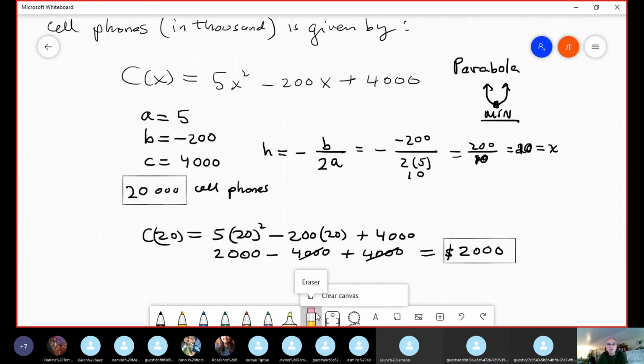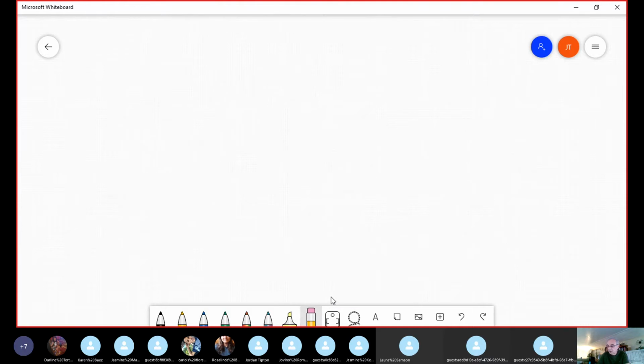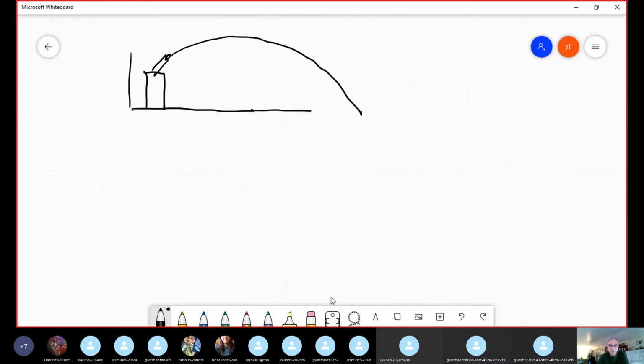Look, pay attention. Projectile motion. Suppose we have here a cannon that launches a bullet, and the trajectory of this is a parabola. It's super interesting.